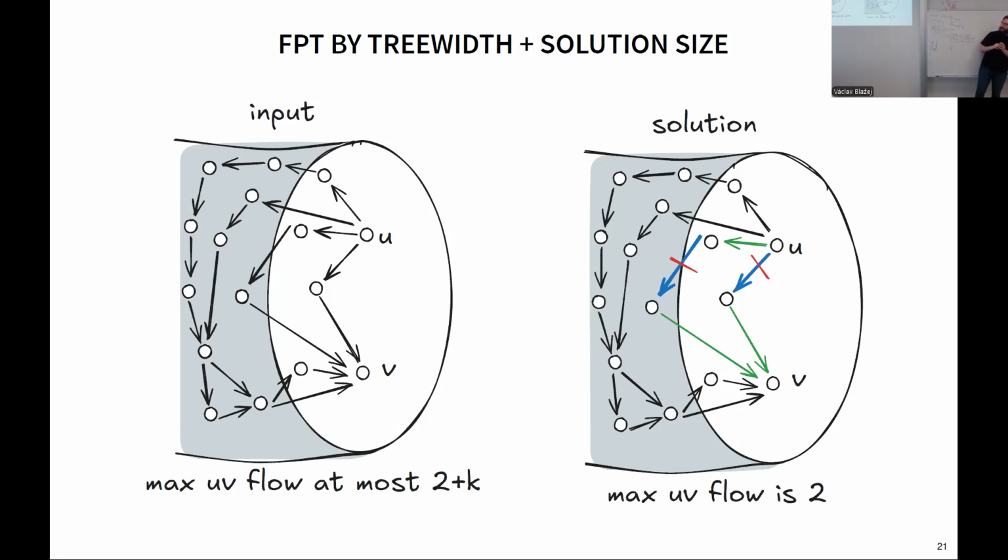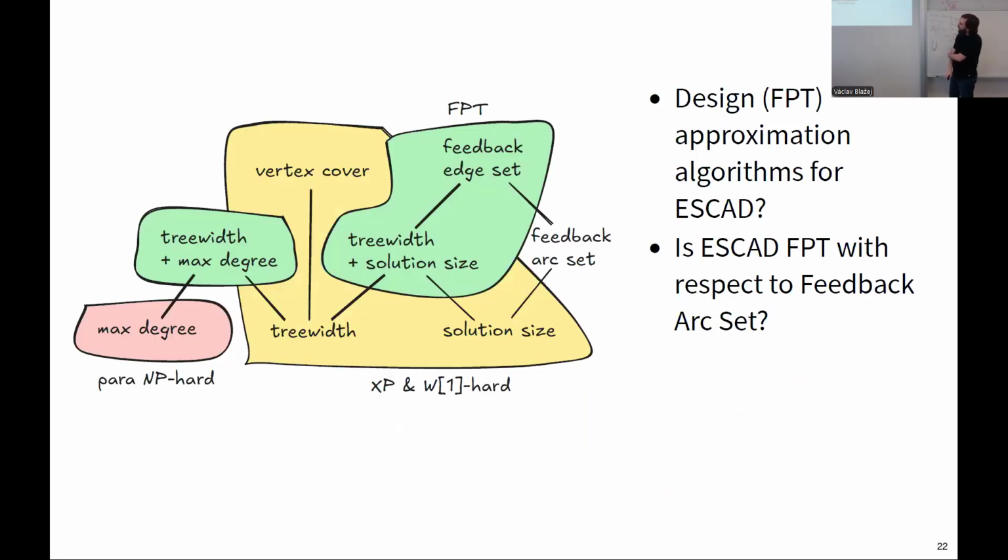So this allows you to keep a small state, meaning FPT. So the first one was just treewidth, and with two combinations, with solution size and maximum degree, you get these two FPTs.